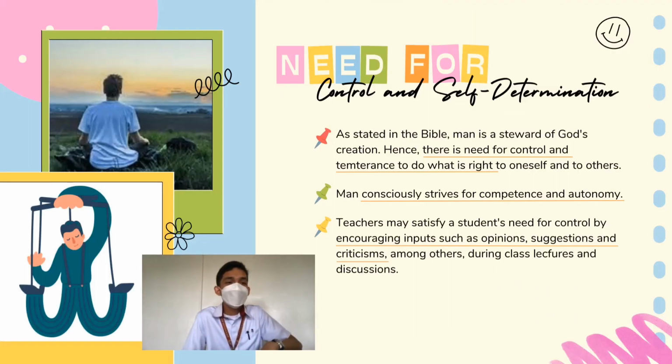Good day everyone, and today I will be discussing the need for control and self-determination. As stated in the Bible, man is the steward of God's creation, hence there is a need for control and temperance to do what is right to oneself and to others. The Bible defines temperance as emotional restraint or self-control. Whoever is slow to anger has great understanding, but one who has a hasty temper exalts folly.